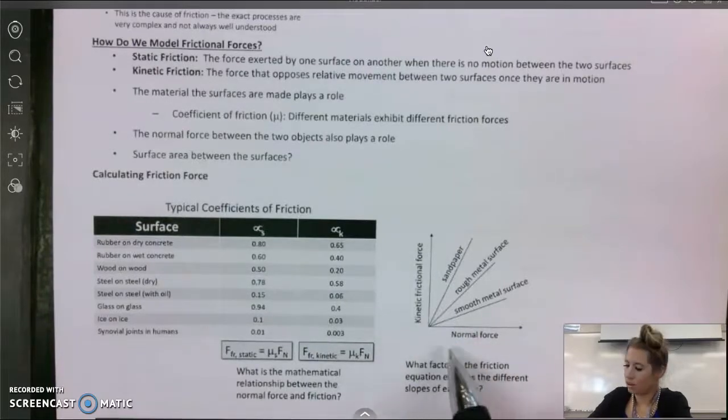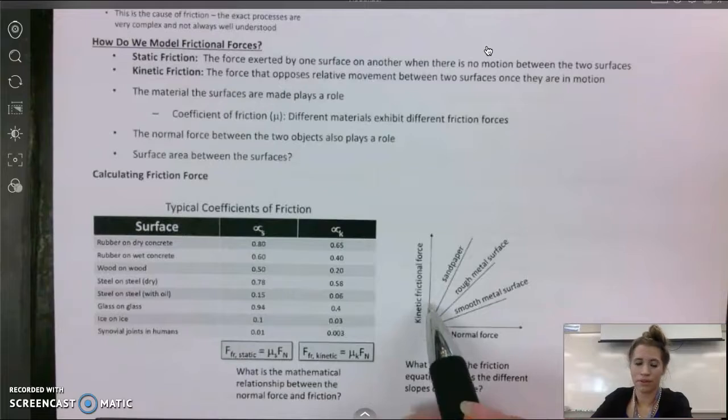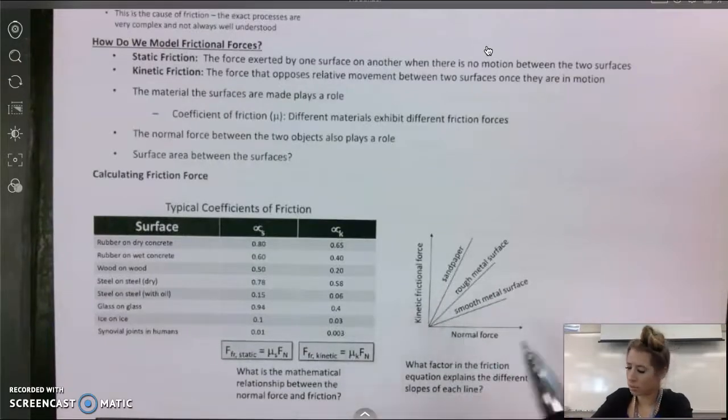If we increase our normal force for each type of material, the kinetic frictional force also increases. So those would be proportional. When one got bigger, the other one got bigger.